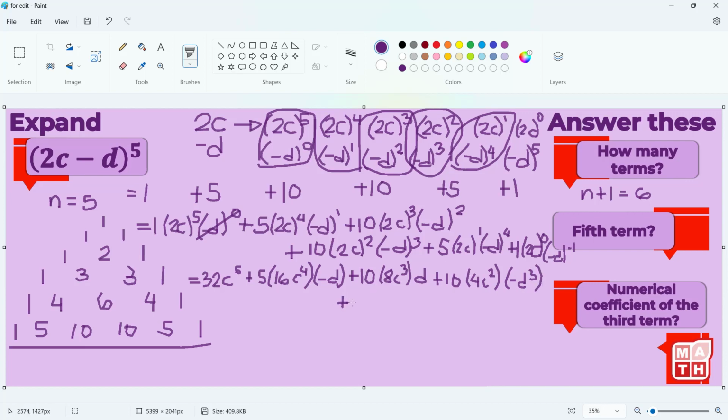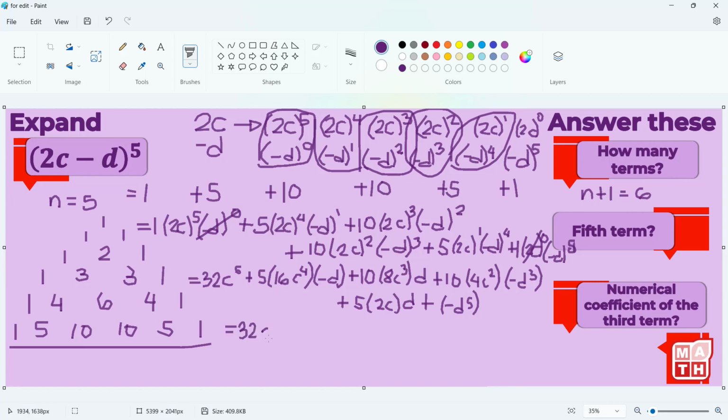Next, plus 5 times 2c, because 2c to the power of 1 is just 2c, times negative d raised to the power of 4 is positive d to the fourth. And finally, plus 1, and the expression raised to 0 is 1. So you have here, sorry, negative d raised to the power of 5 is still negative d, but raised now to the power of 5.